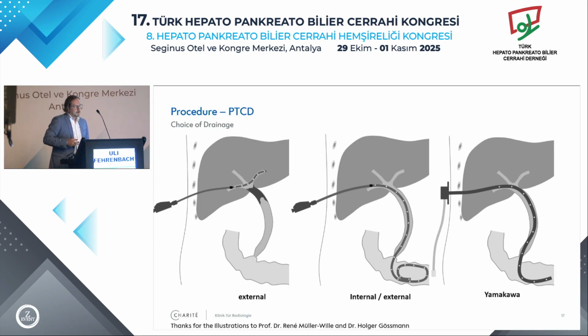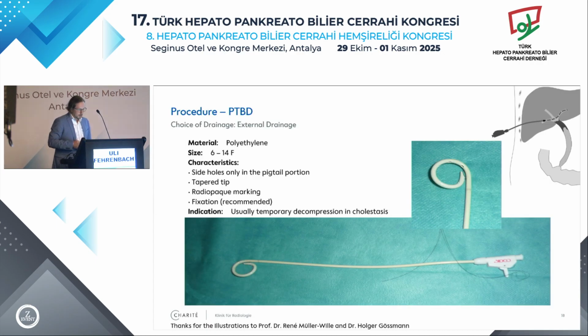If we're talking about biliary drainages percutaneously, there is always the debate what kind of drain to insert. And generally spoken, there are three types that we are using: external drainage, internal external drainage, and a special kind of internal external drainage, the so-called Yamakawa or Müller drainage.